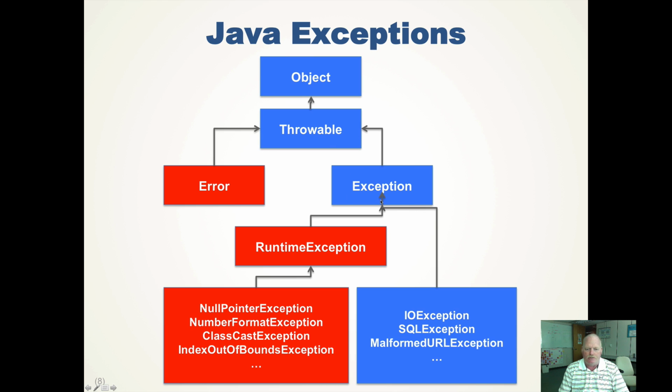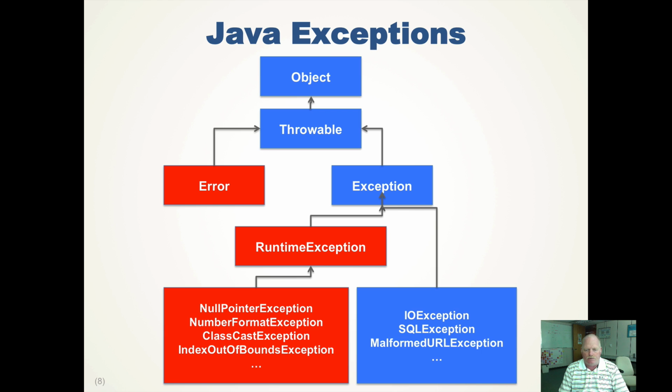There are two types of exceptions. The runtime exceptions are not checked. They can occur at any time, such as a null pointer, number format, class cast, or index out of bounds. And there are checked exceptions like an IO exception, a SQL exception, or a malformed URL exception.